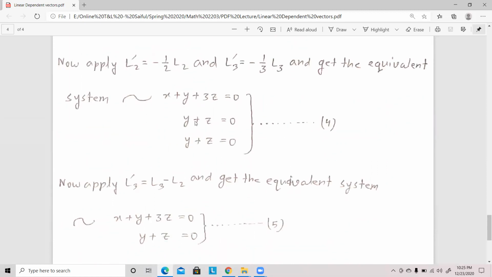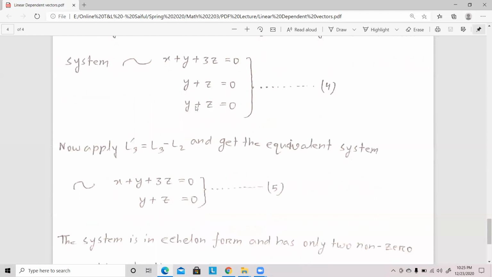And we observe that the second and third equations in this system are the same. So if we deduct the second equation from the third equation, then the third equation will vanish. So the reduced system of linear equations is this.